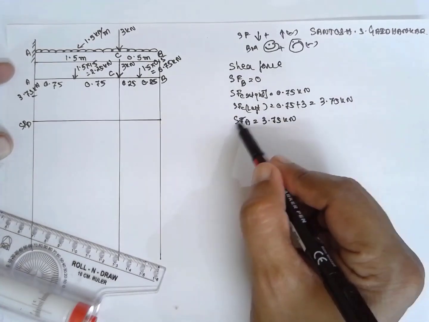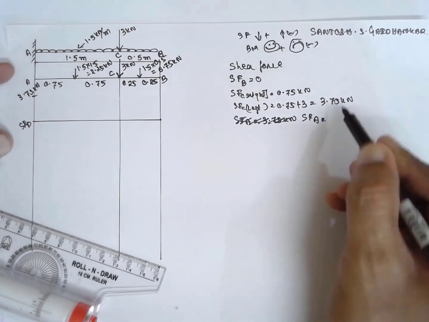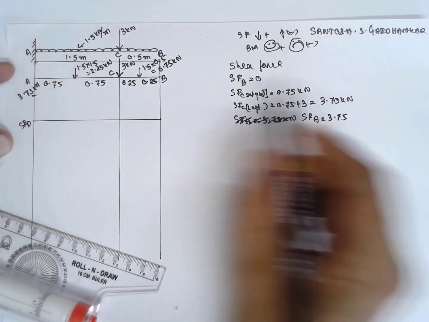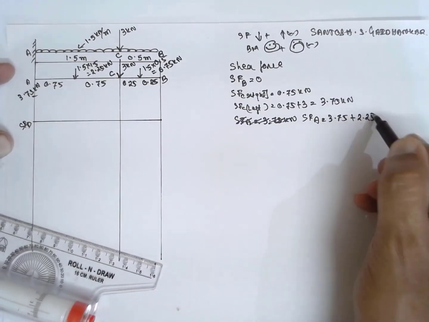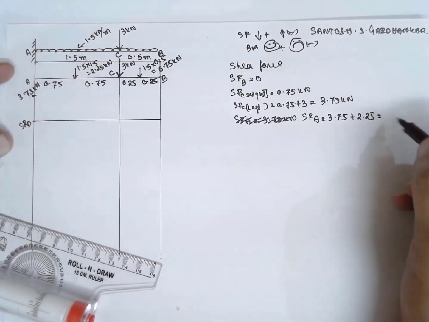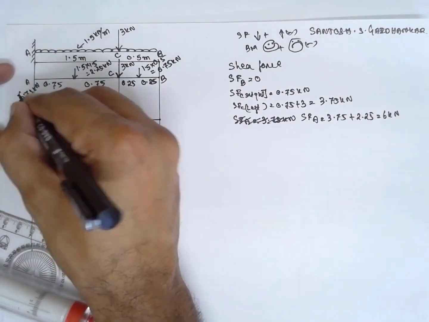Oh sorry, I made a mistake here. SF at A, the previous value 3.75 plus this value 2.25. If you add it, the answer will be 6 kilonewton. The first value is 6 kilonewton.